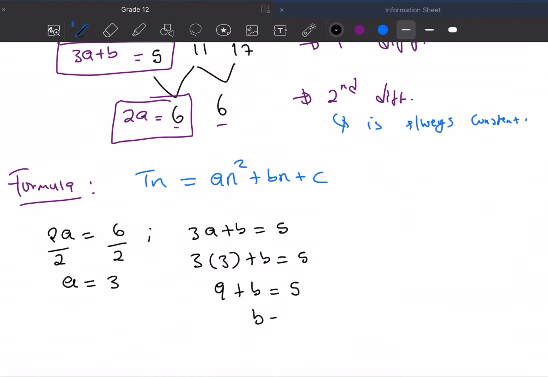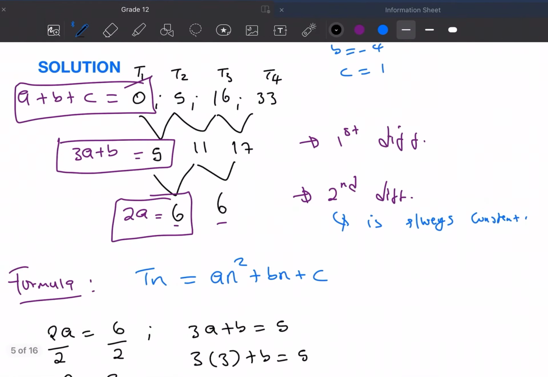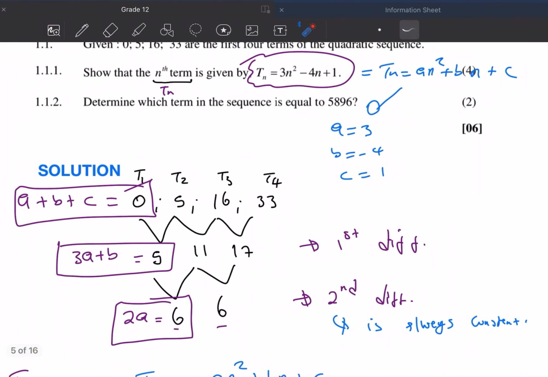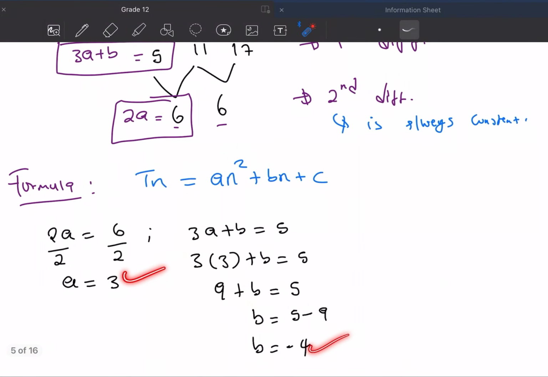So you're going to have b is equal to 5 minus 9, which is -4. So b is equal to -4, and we can see we're already proving that. That's correct. So this is correct, this is correct.